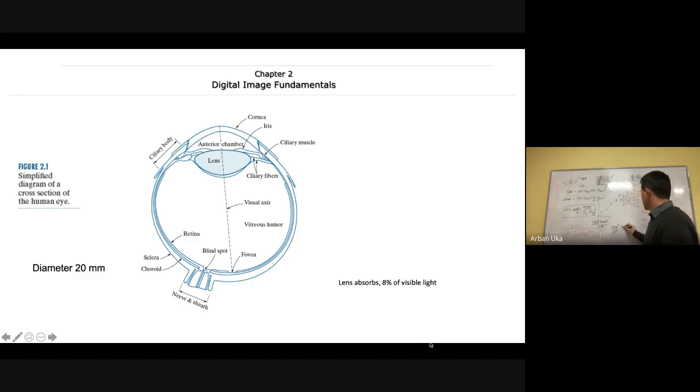We multiply by 10 to the power 3 micrometer per 1 millimeter, times 10 to the power 3 micrometer per 1 millimeter. So millimeter squared cancels out.